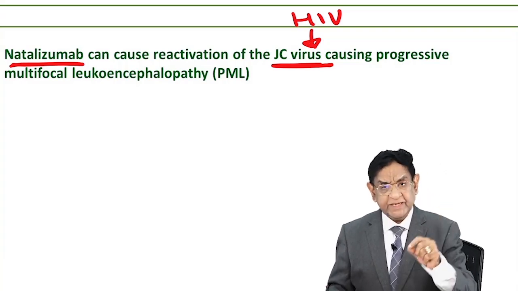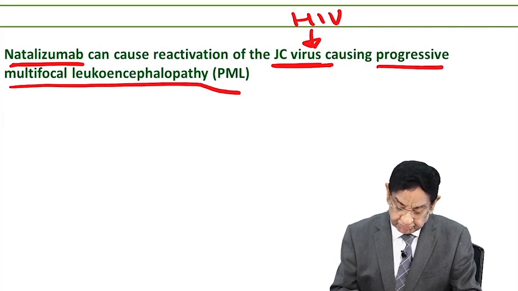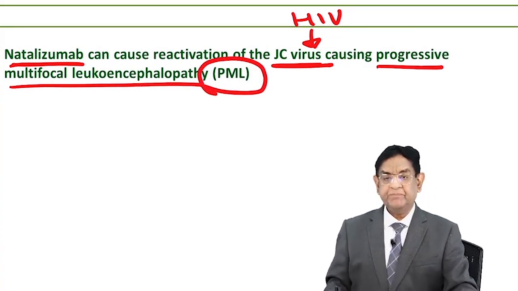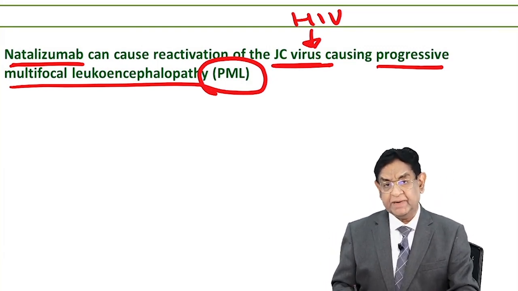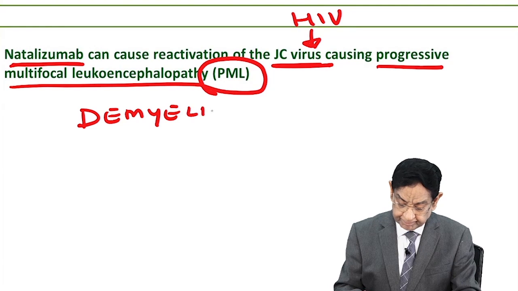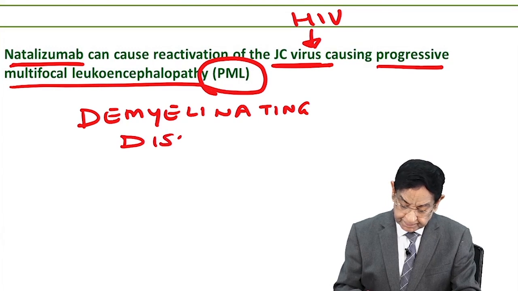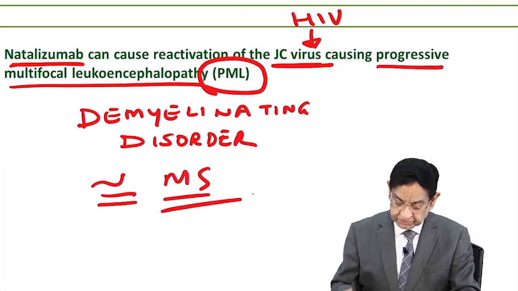And the JC virus leads to progressive multifocal leukoencephalopathy, which we write as PML. Now, PML is a demyelinating disorder. The picture mimics multiple sclerosis.